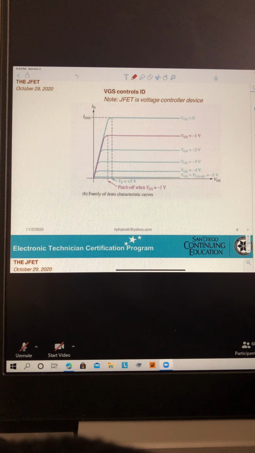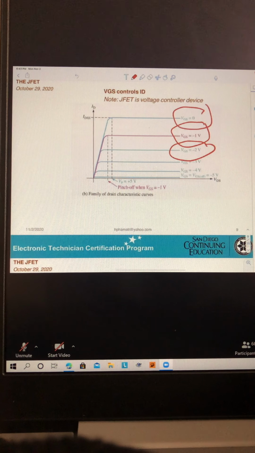Now look at this one here. VGS controls ID. On the bipolar, this would be IB, so that's why the bipolar is a current-controlled device. On the JFET, you change the VGS, you change the current ID.